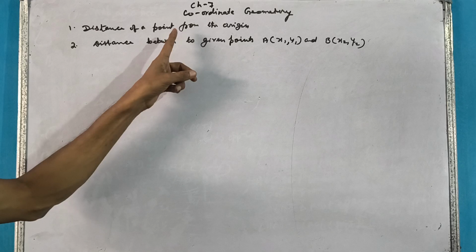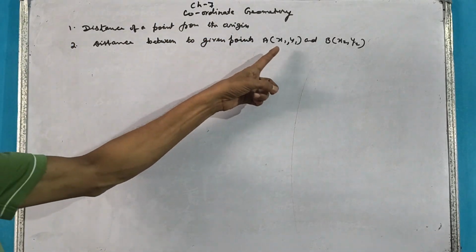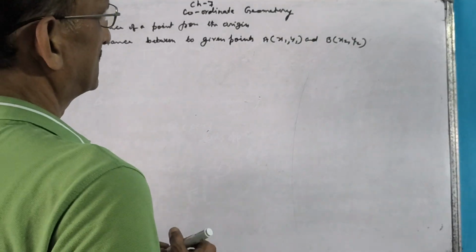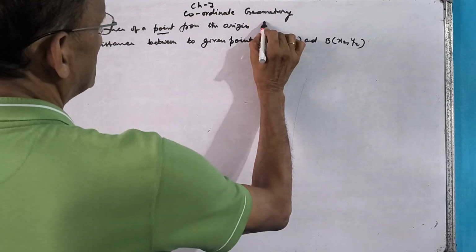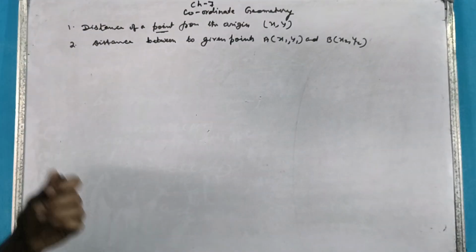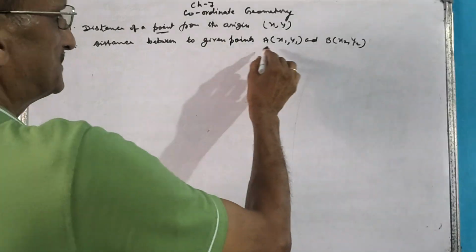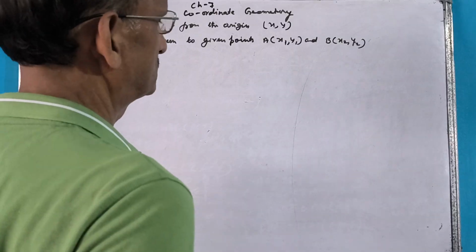Number one is the distance of a point x comma y from the origin, and number two is the distance between two given points x1 y1 and x2 y2.